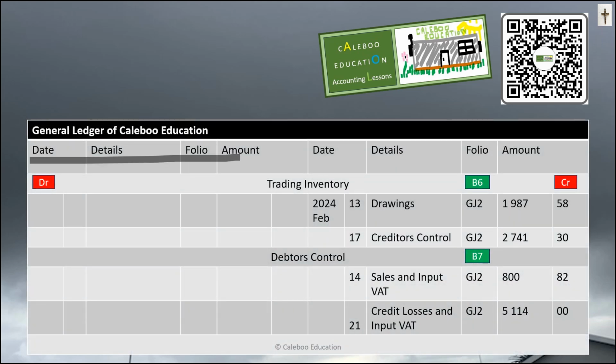Continuing the general ledger. We've done these transactions as we looked at each one individually. Trading inventory is B6. Debtors control is B7. Once you've done the ledger in a test or exam, you can go back to the journals and fill in the folios, because the general ledger indicates the folio references, or a trial balance from a previous month.